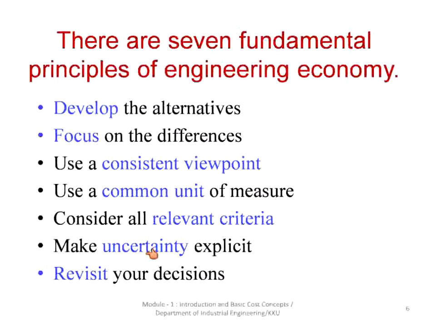Next, make uncertainty explicit. Explicit means open it, make it clear, if there is any uncertainty in the proposed solution. Four mechanics will give you a solution. One mechanic will say, I can finish in 5 days. Another will say, I can finish in 3 days. Another will say, I can finish your painting in 1 day. 1 day, is it certain?